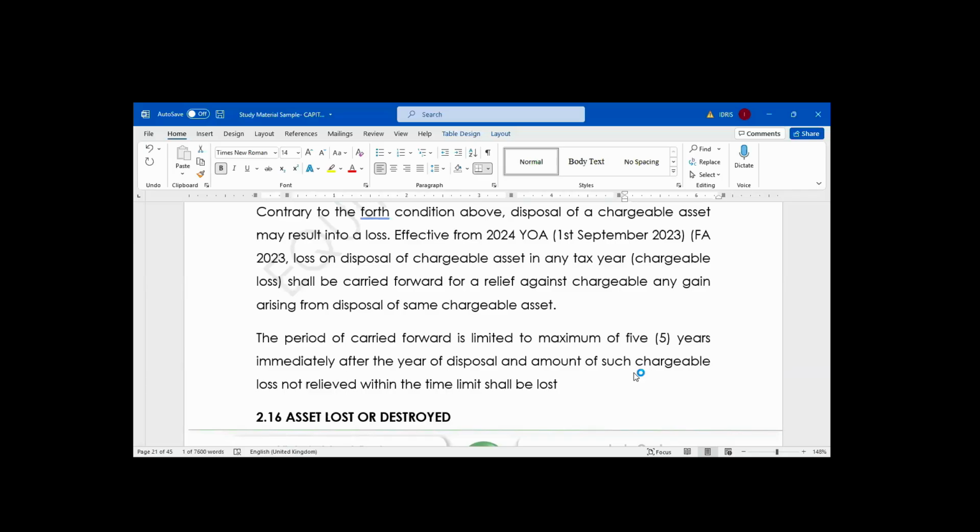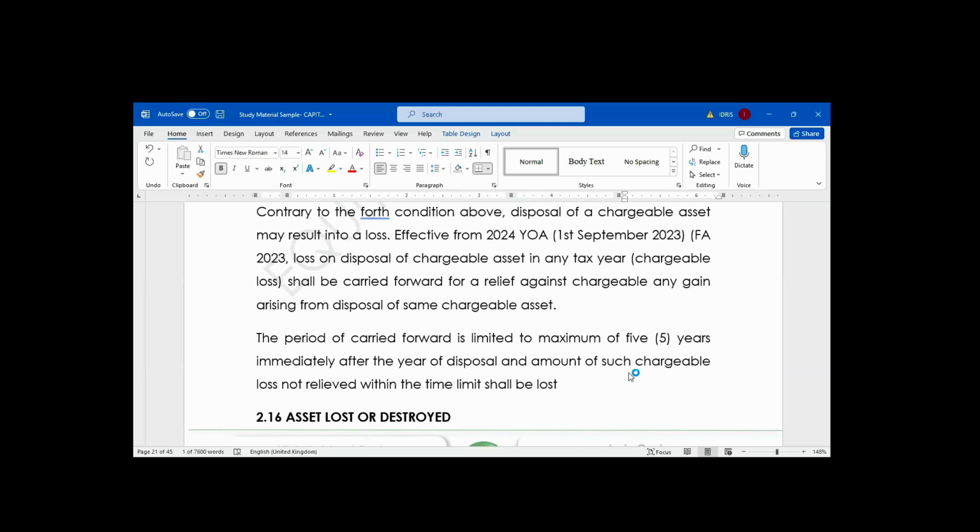This capital loss relief was introduced by Finance Act 2023, which commenced effective from the 2024 year of assessment. Before Finance Act 2023, we don't normally relieve capital loss. So if you made a loss on a capital asset, you couldn't relieve it before.